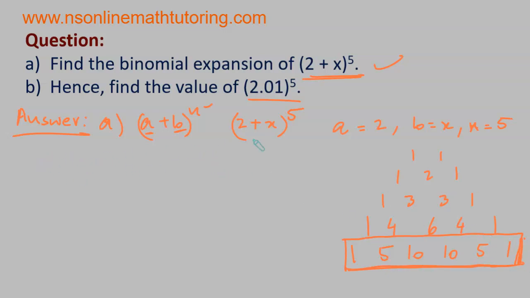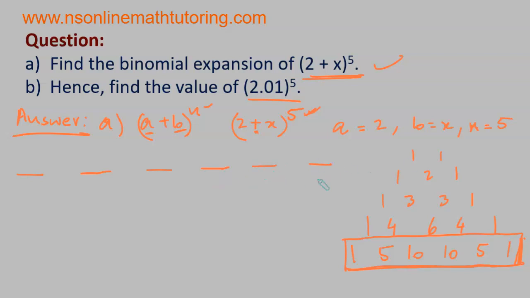The sign between the two terms of the binomial expression can be a plus or a minus, but right now we only learn for the plus sign. So we know that there will be 5 plus 1, that is 6 terms in total. So let me just have 6 places, 1, 2, 3, 4, 5 and 6.